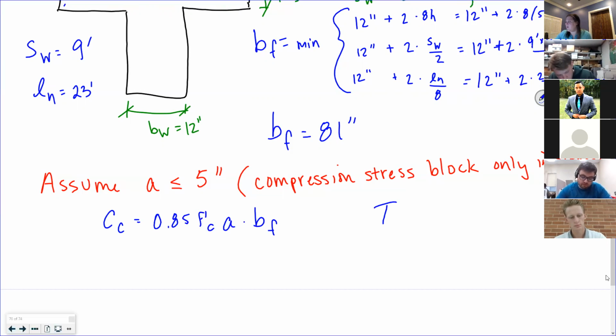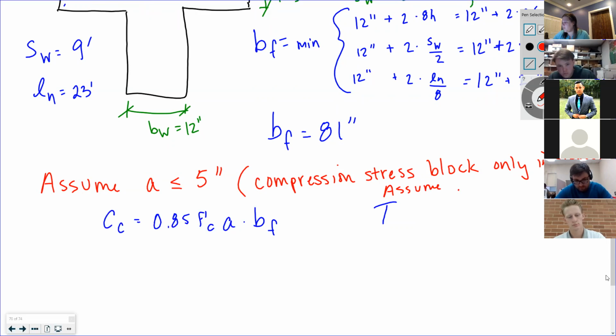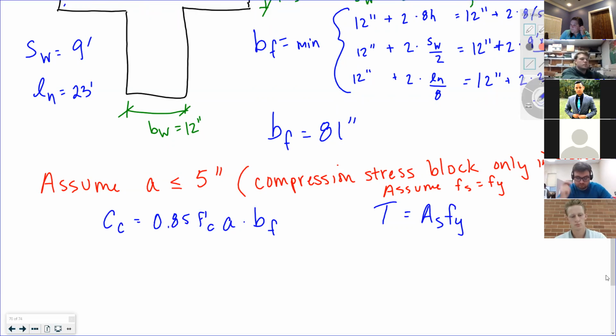And I'm also going to assume that I've yielded my steel. But remember, I have to go back and check that. So I put these 2 things equal to each other.